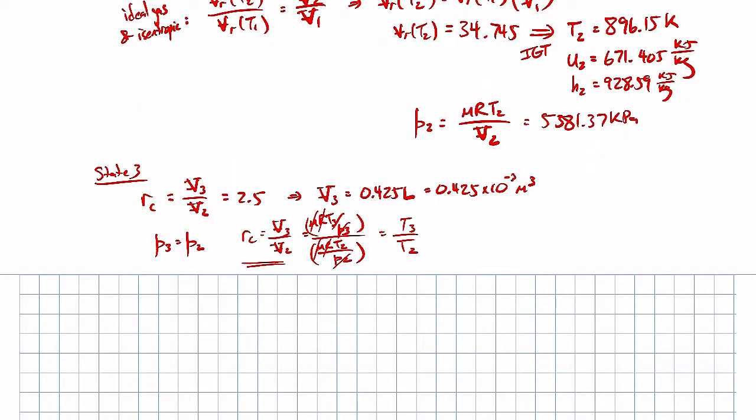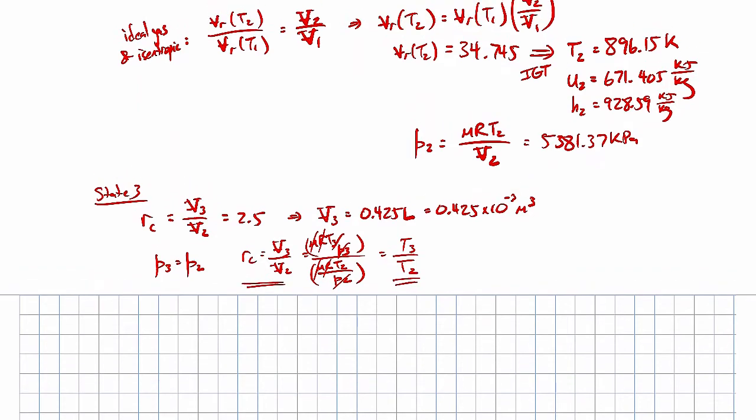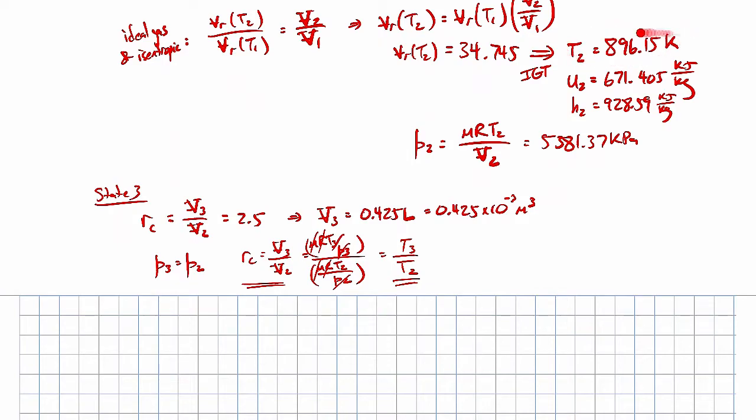So the cutoff ratio is that ratio. We already know T2 from the table lookup, so we can calculate T3. When you plug in the numbers, T3 comes out to be 2240.4 Kelvin.